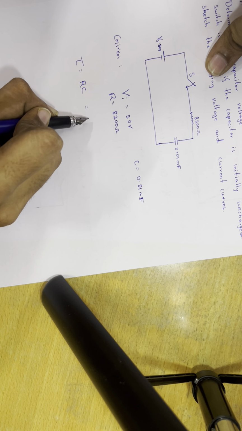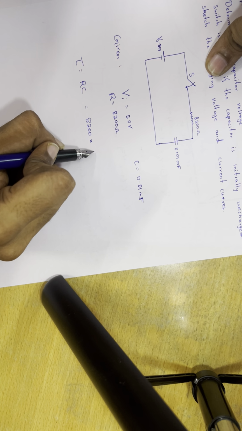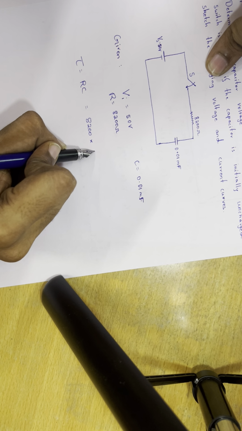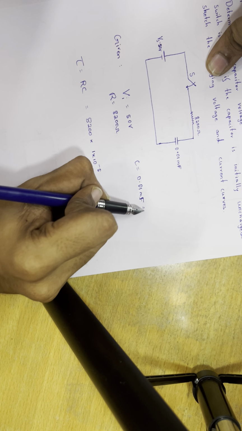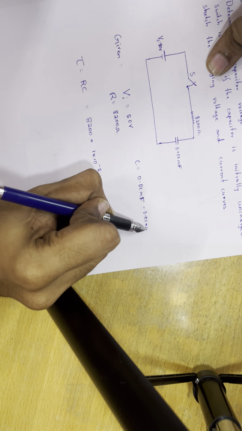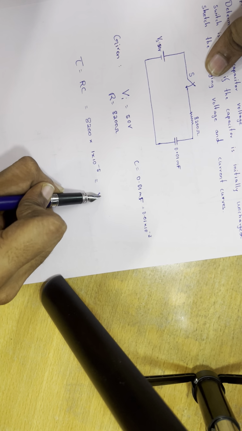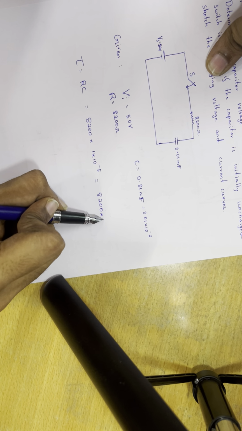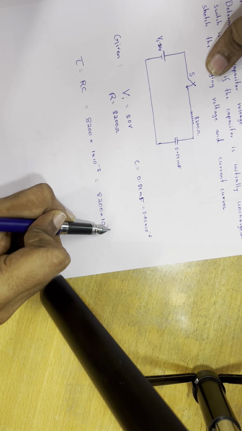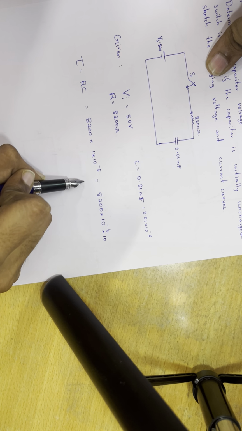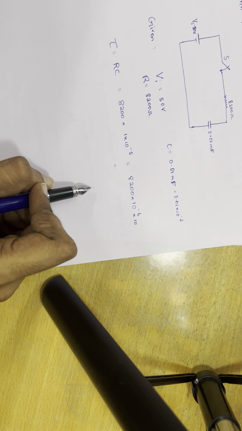So RC equals 8200 into 0.01 millifarad, that is 1 into 10 to the power minus 5, because 0.01 millifarad is 10 to the power minus 3 scaled. Or else 8200 into 10 to the power minus 6 into 10. You can consider it like this. So this is the time constant.